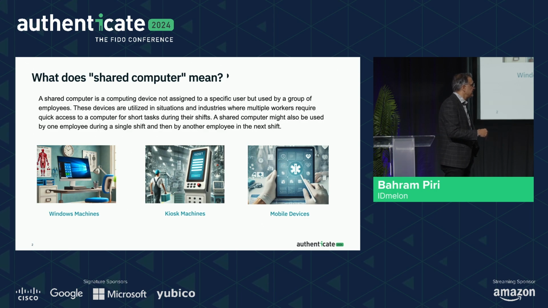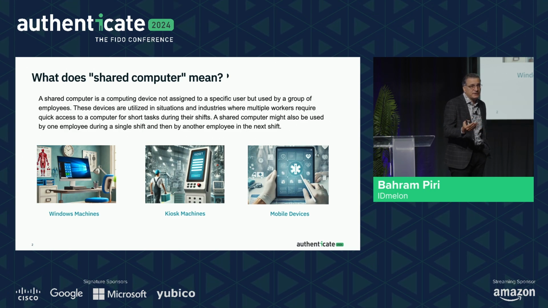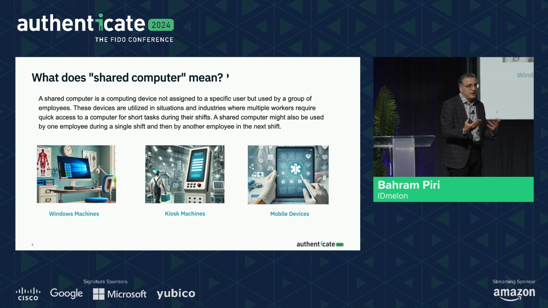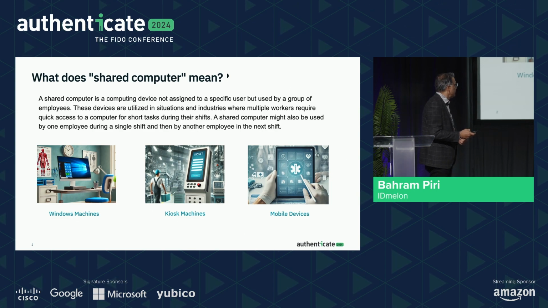And these days, another popular one is mobile devices, like iPads and Android tablets. These are also very popular in different industries, for example healthcare, where people share these mobile devices and many people work with one machine.